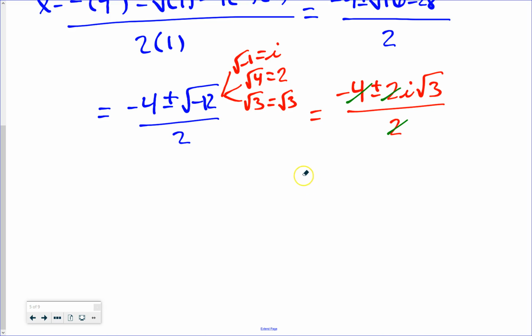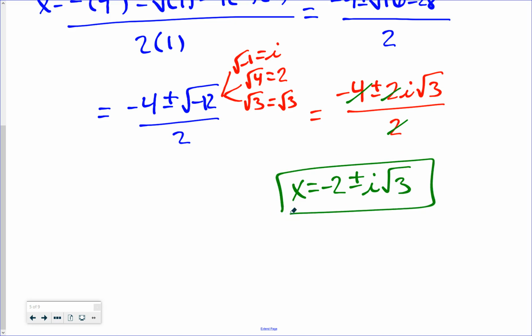Okay? So we get x is equal to what? If we're dividing them all by 2? Negative 2 plus or minus i square root of 3. And that's it. Now, quadratics always have two roots.